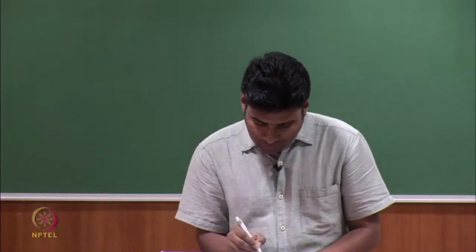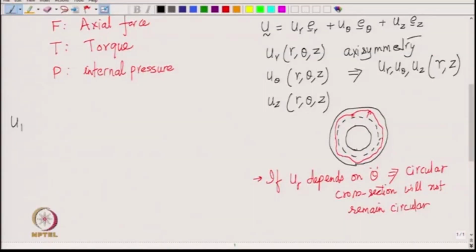Let us see, for example, u r. Now, u r is a function of r as well as z. So, what happens if u r is a function of z? So, let us think of again this cylinder.